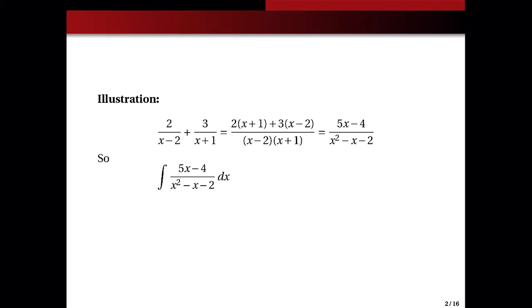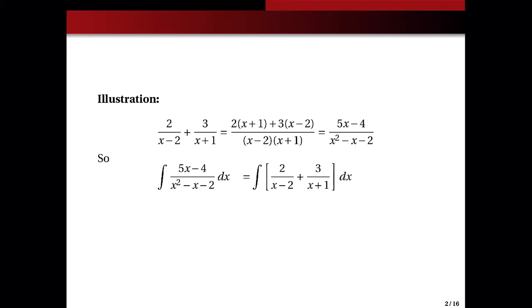However, knowing that this expression can be written this way, you can rewrite that expression so that you will now integrate this sum. And these two, you can integrate easily. This is just a constant over a linear expression, and similarly for this.